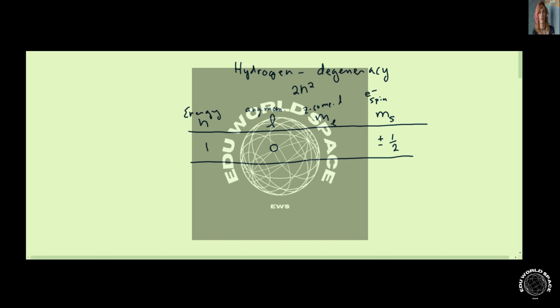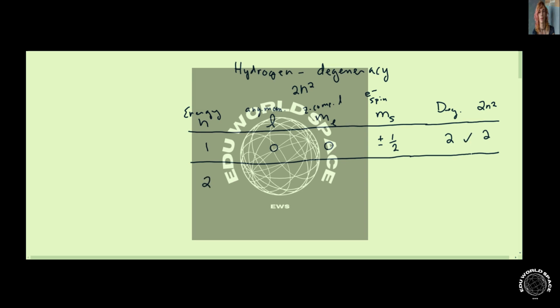Then m sub L goes from minus L to positive L in integer steps, and that can only be 0. So for n equals 1, the degeneracy is 2. So far, so good. Our formula 2n squared is 2, so the formula looks good for the first energy level.